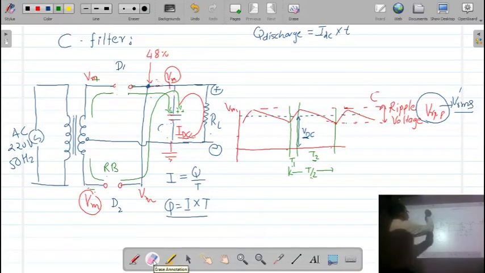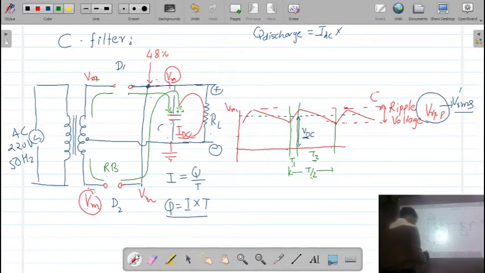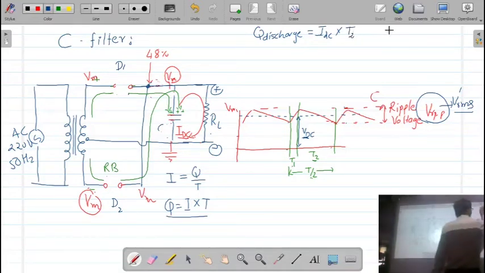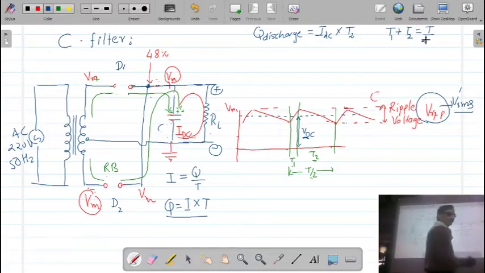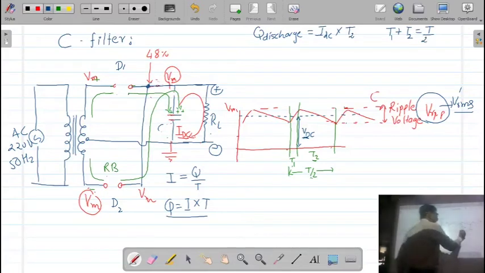So here instead of writing t, I will write T2, into T2. Then second thing, we can also mention here that T1 plus T2 is equal to T by 2. Then here you can have an approximation. What kind of approximation? You can see in this waveform that the charging period is very small and the discharging period is very large.